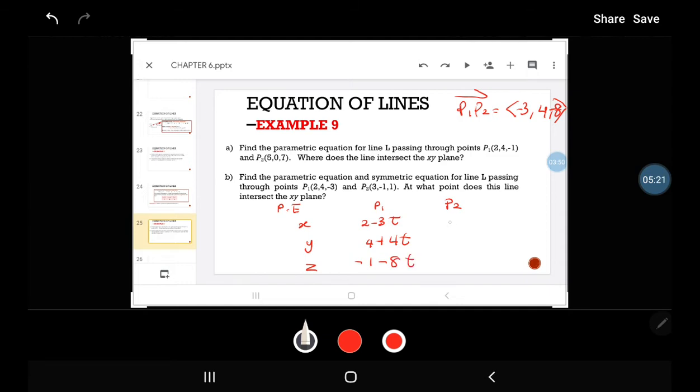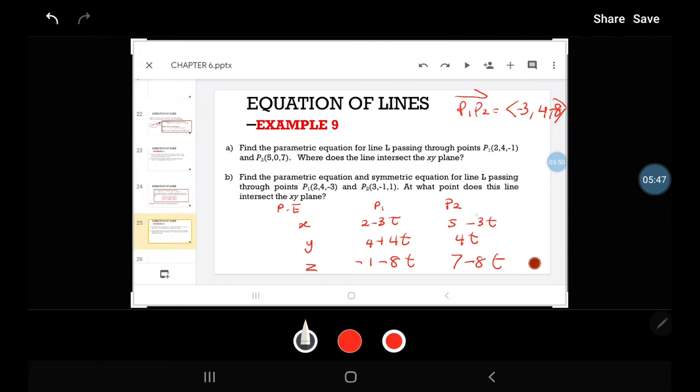For P2 it is x equals 5 minus 3t, y equals 0 plus 4t, and z equals 7 minus 8t. So now we have the parametric equations for both points P1 and P2.